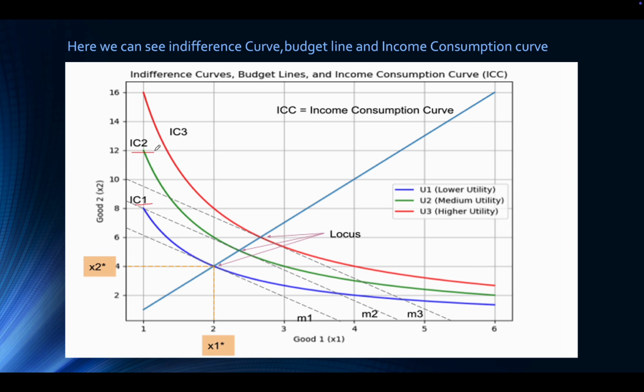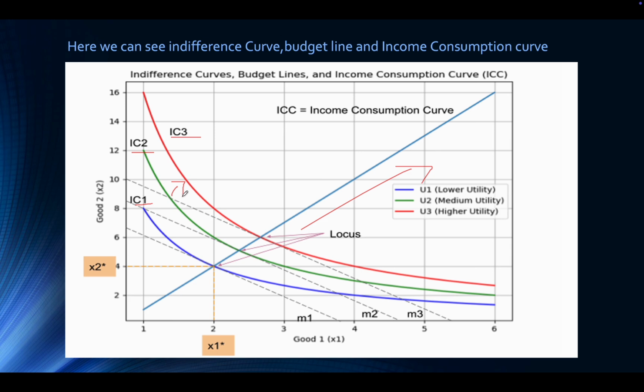As income increases, the consumer moves to a higher indifference curve, here green to red, and the consumer consumes more of both goods. The budget line shifts outwards.